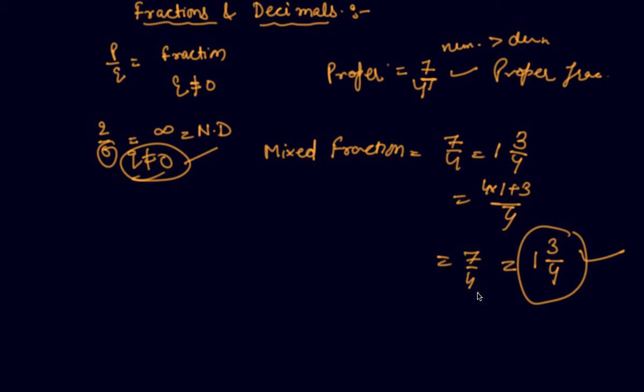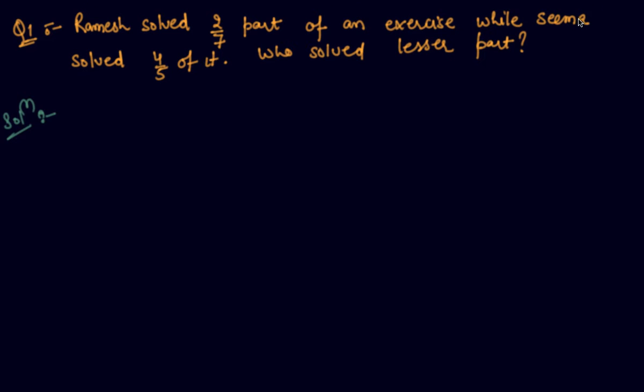So how do questions come on these types of fractions in the exam? Let me write one question for students. It states that Ramesh sold 2 by 7 part of an exercise book while Seema sold 4 by 5 of it, and we have to find out who sold the lesser part.